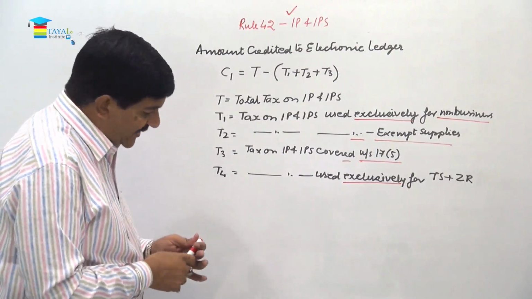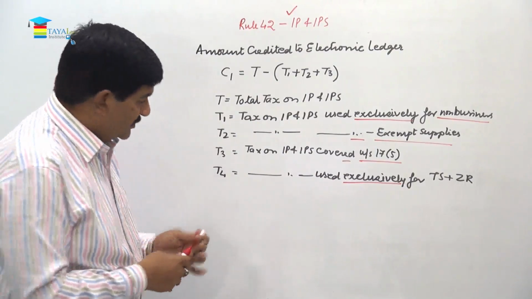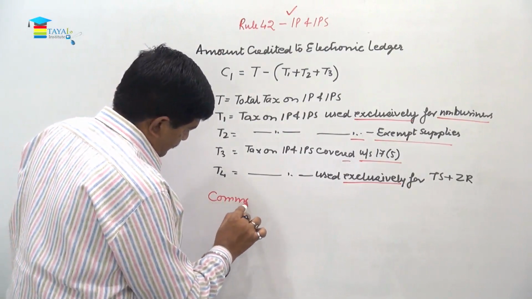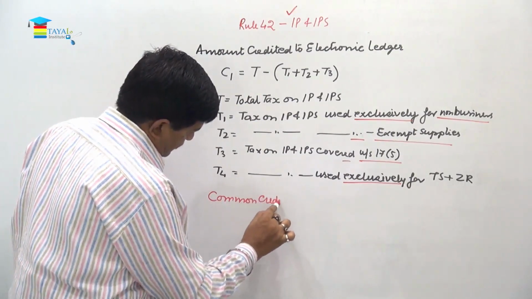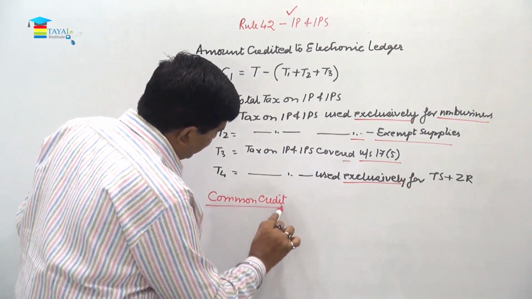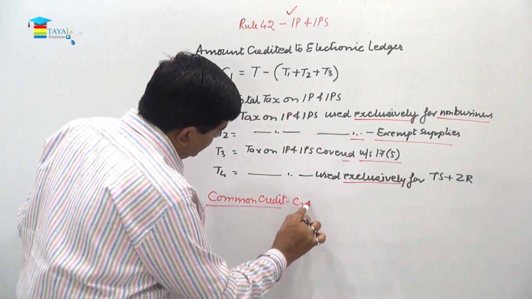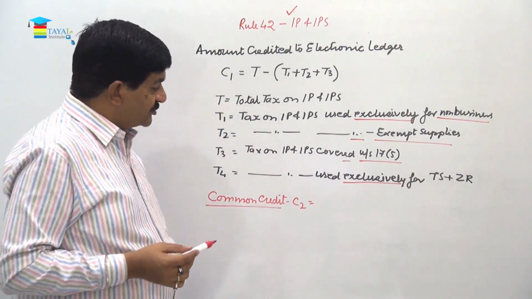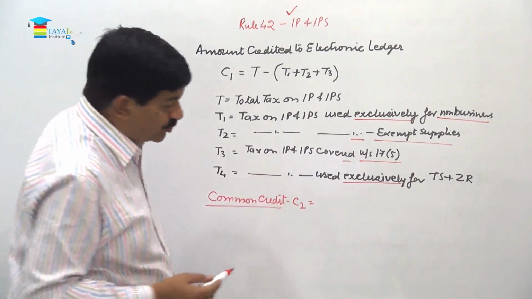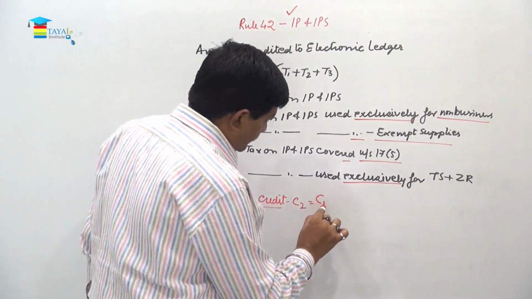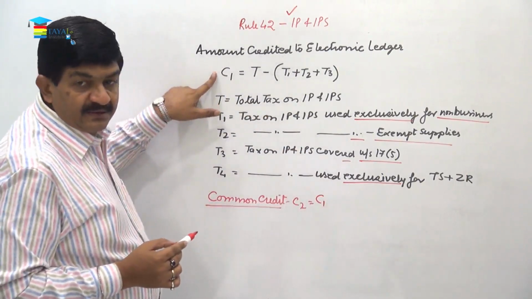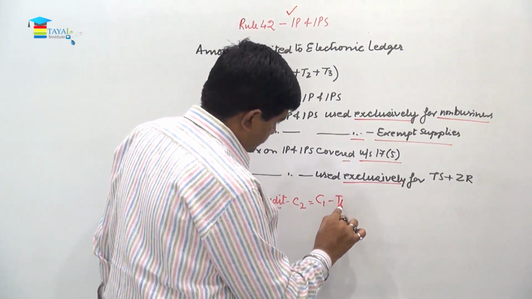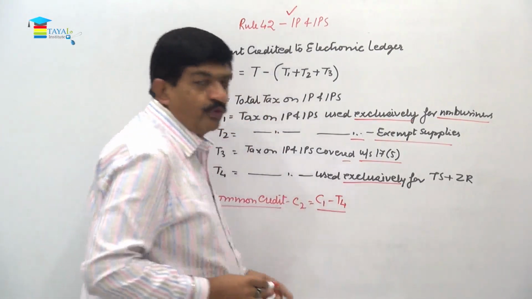So common credit, this we will refer as amount C2. Right, so how to find that C2? C2 is equal to C1, C1 is here, right, minus T4.